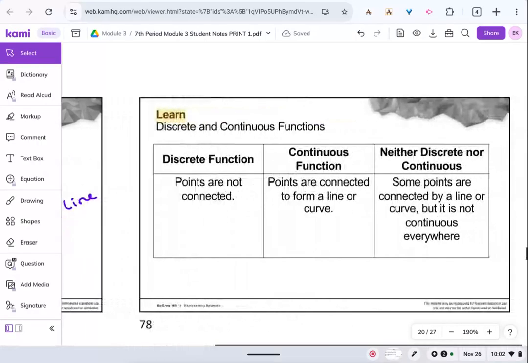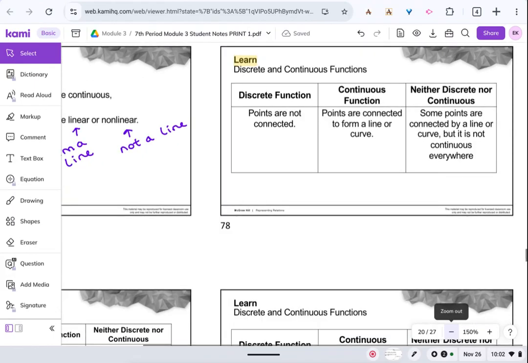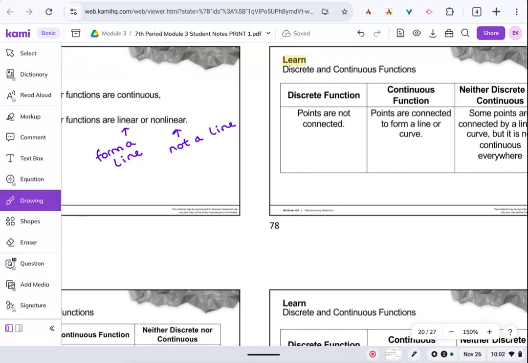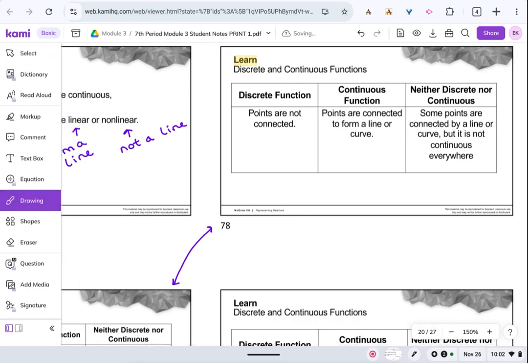So these slides 78 and 79 kind of go together really well. So these two slides match pretty nicely. So with a discrete function, this is our new vocab word, discrete function, it's points that are not connected.